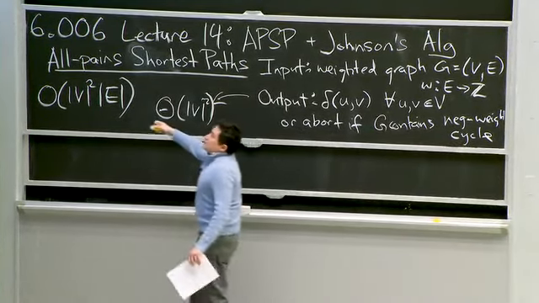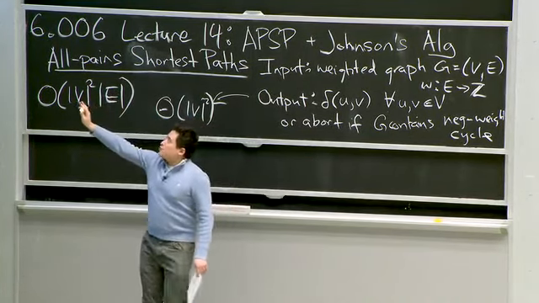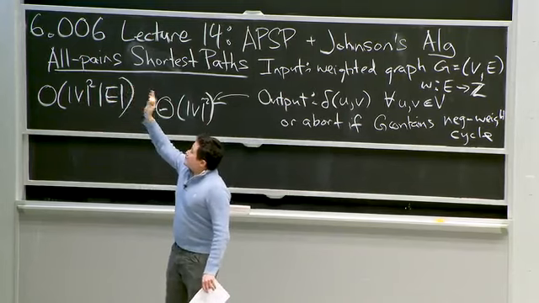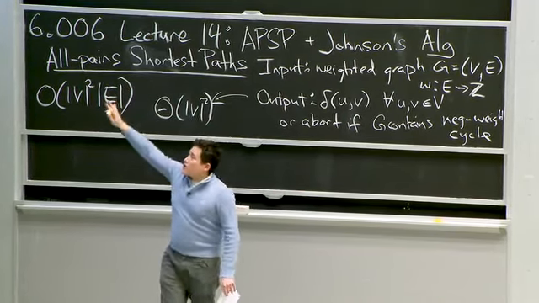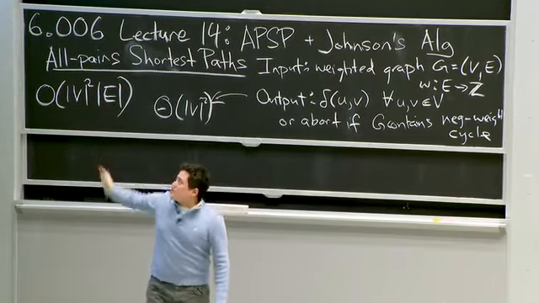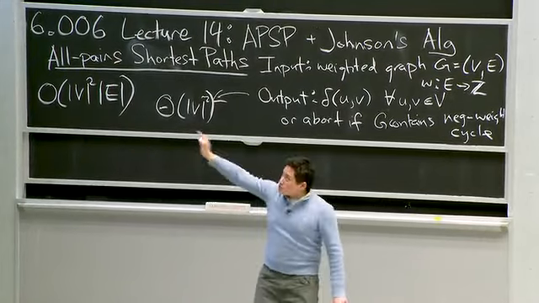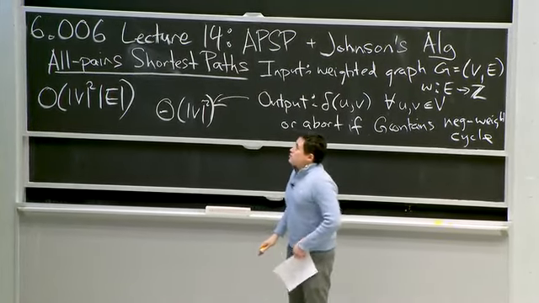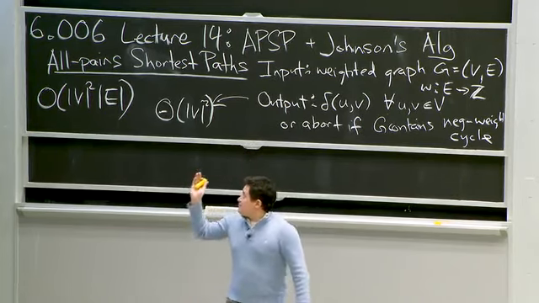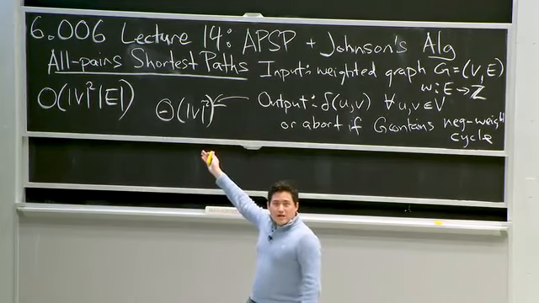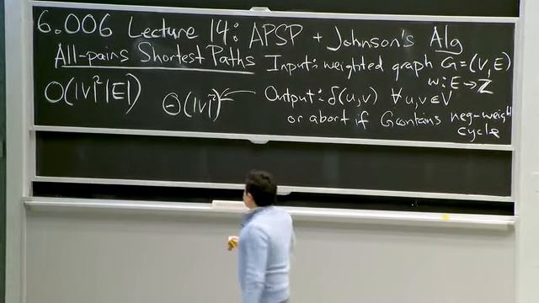We can do better than this for graphs that are special in some way, right? We can do V times (V plus E), V times linear. If our weights are positive and bounded, we can use BFS V times. Or if our graph doesn't have cycles, we could use DAG relaxation V times. Or if our graph had non-negative edge weights, we could get basically V squared log V plus V times E, right? And that's actually not bad.